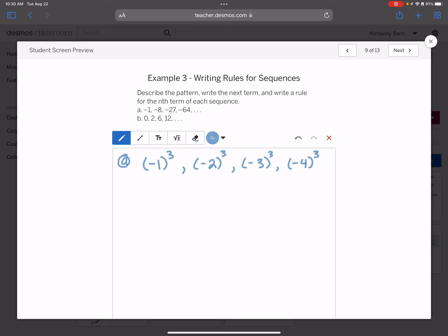So if I want to find the fifth term, the next term, then I'm taking -5 to the third power, which is -5 times -5 is +25, times -5 is -125. If I want to write a rule to find any term, a sub n, then I'm just taking -n to the third power. Whatever position it's in is negative that to the third power.